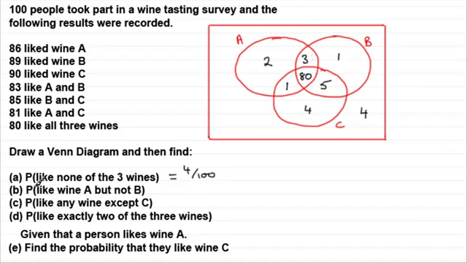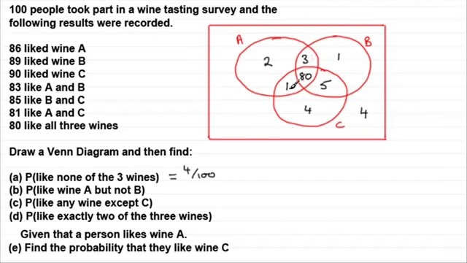B. Probability that we have someone that likes wine A but not B. Where's that going to be? Certainly these 2 people like wine A but not B because they're outside of the B region.